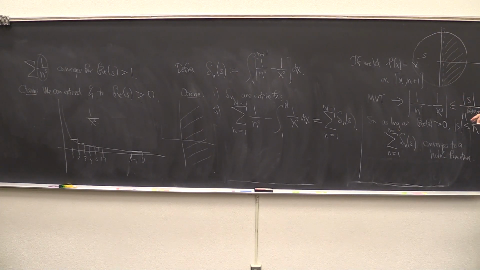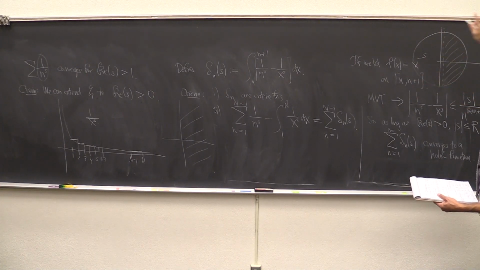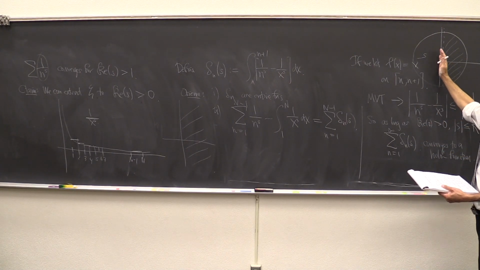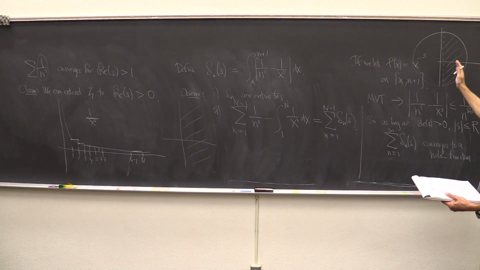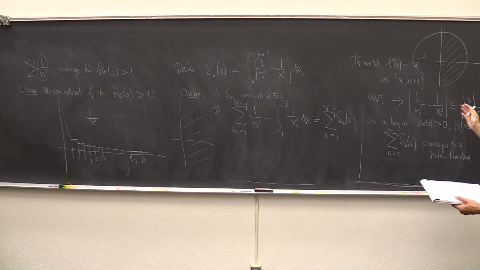But this thing converges to a holomorphic function on any such chopped off disk, and so we can take R as large as we want, and the real part of s as close to 0 as we desire.